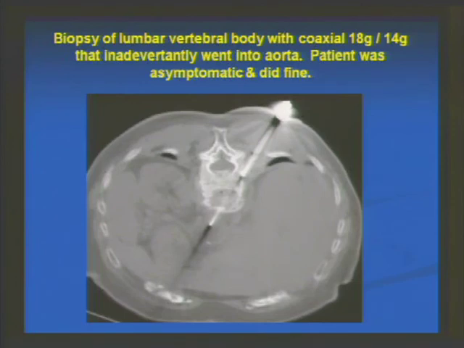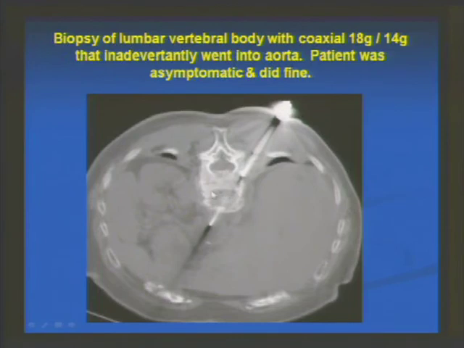Okay, another iatrogenic injury. Often we're asked to do biopsies of vertebral bodies for either osteomyelitis or metastatic disease. This was a biopsy with the Ackerman system. So there was an 18-gauge needle placed into the vertebral body, and through the 18-gauge needle, a 14-gauge needle was placed.